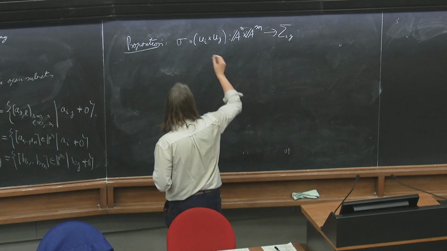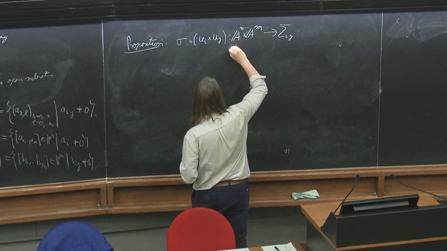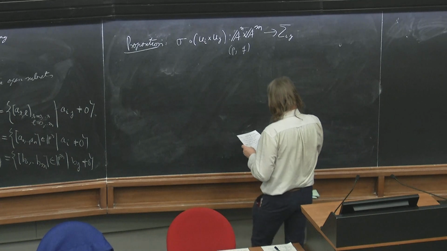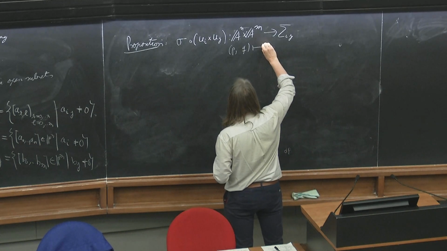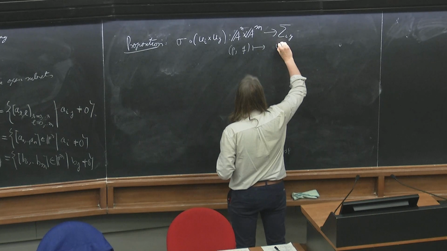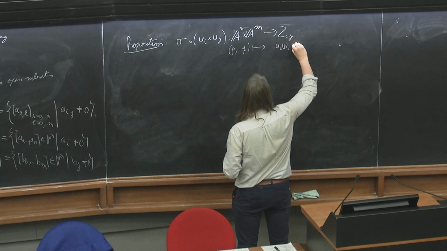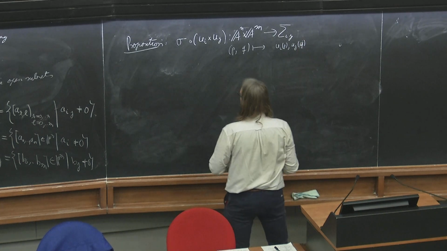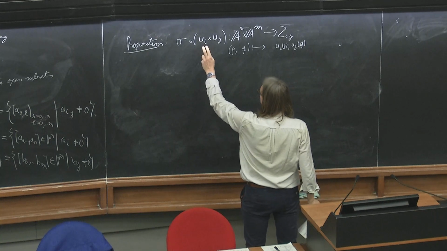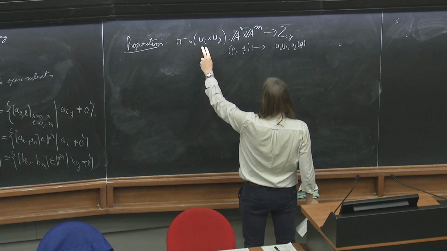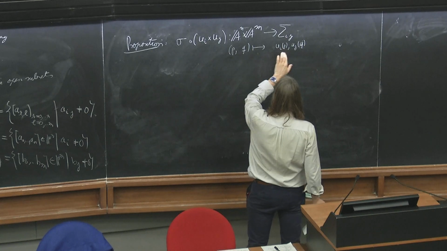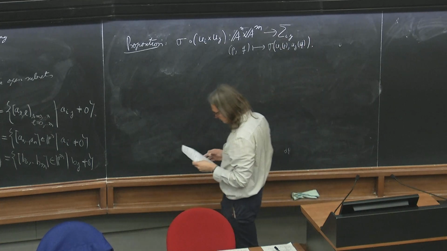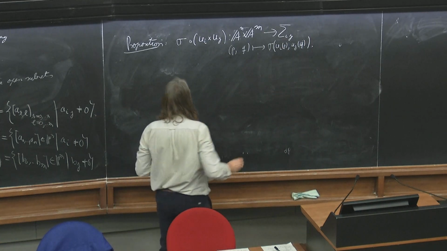So we send a pair of points p, q, p in An and q in Am, we send it first to ui of p and uj of q. These are all small u's, so this is in big Ui and this is in big Uj, and then we apply sigma to it. And the claim is that this is an isomorphism.